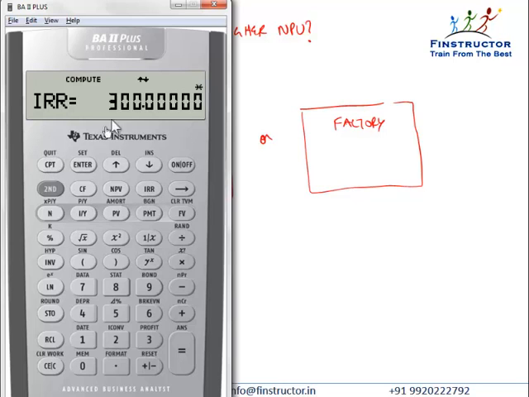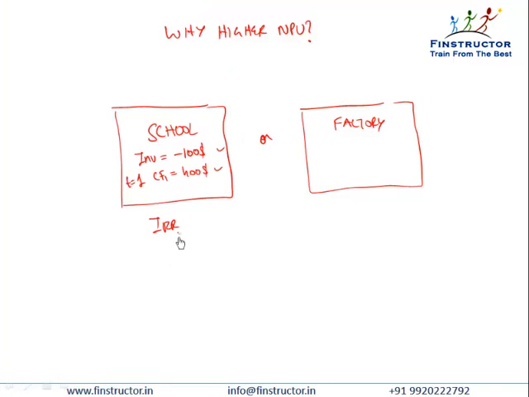If I compute the IRR, it comes out to be 300% for the school project. And at a 10% discount rate, the NPV is also fairly positive. It comes out to be about $263.63. So the IRR is 300% and the NPV was also around $263.